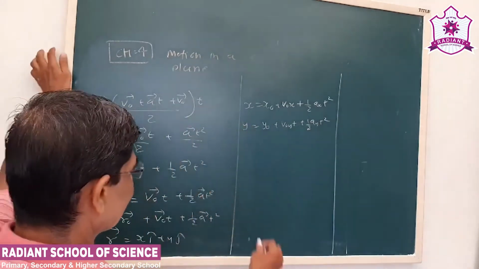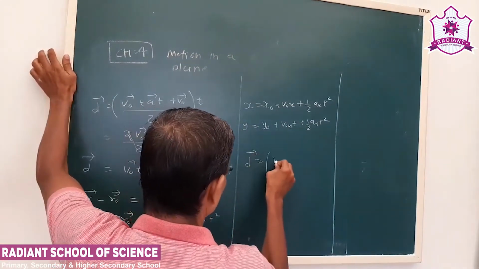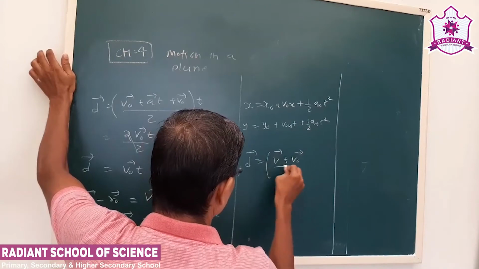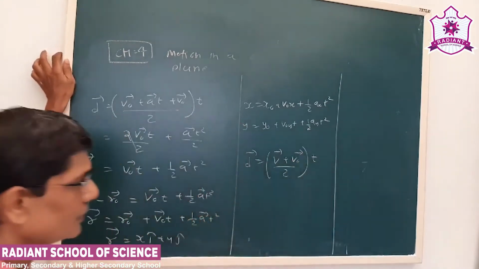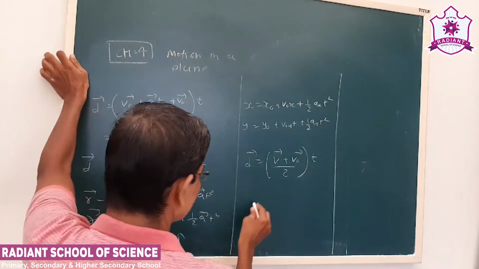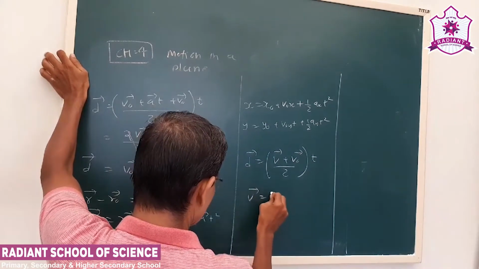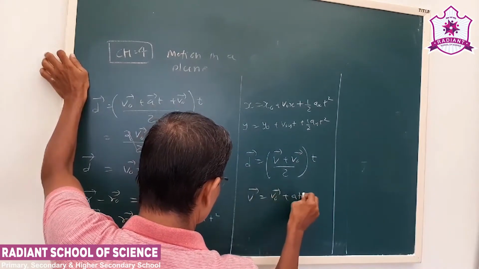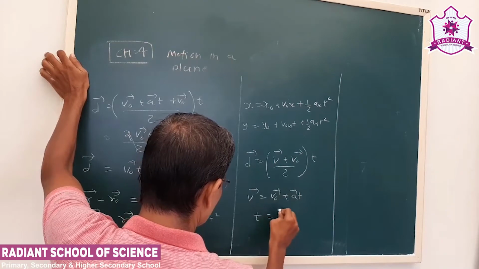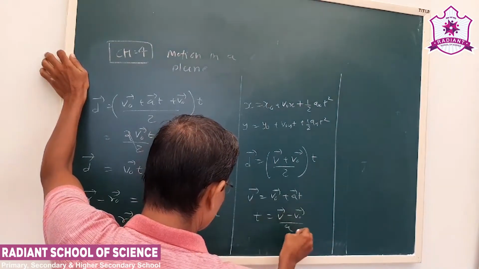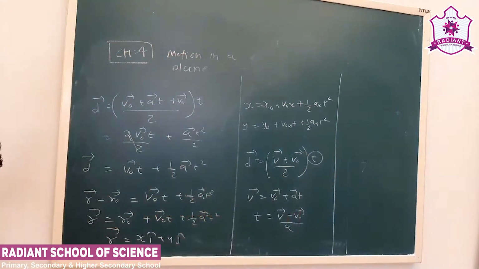Now our third equation, d is equal to v plus v0 by 2 into t. We have derived v is equal to v0 plus at, so t will be equal to v minus v0 upon a. That I substitute here.